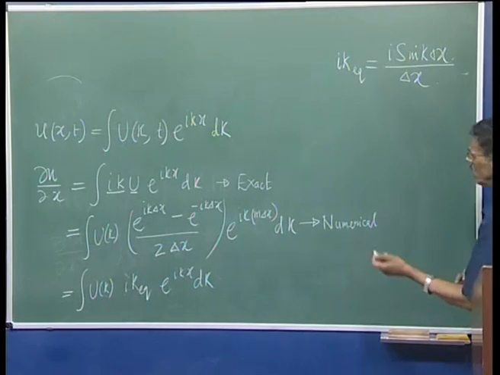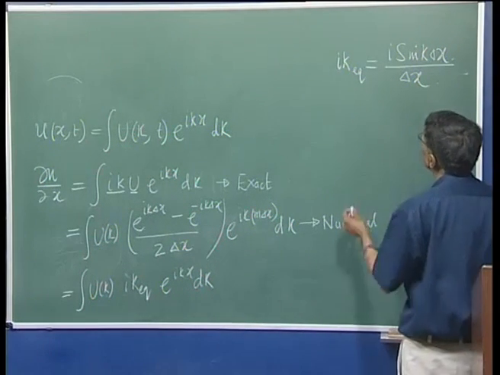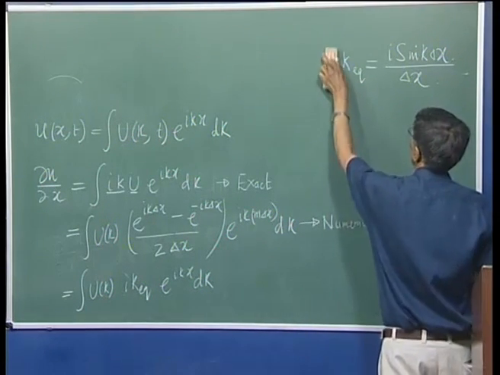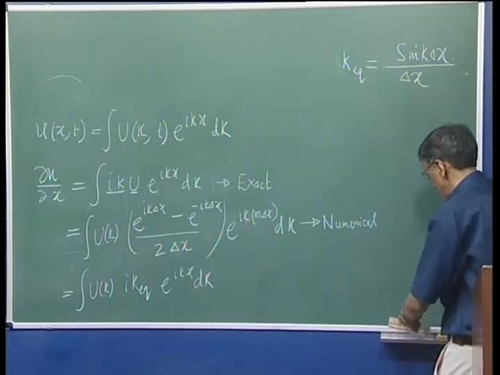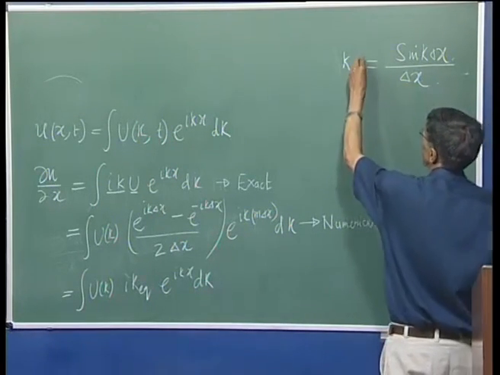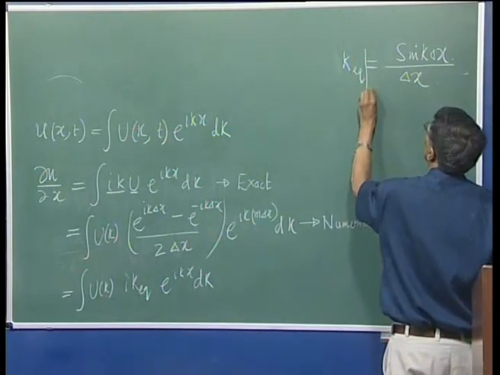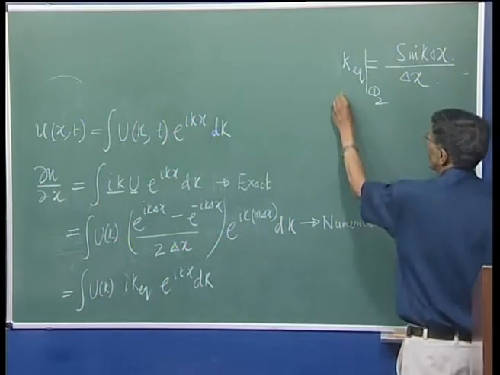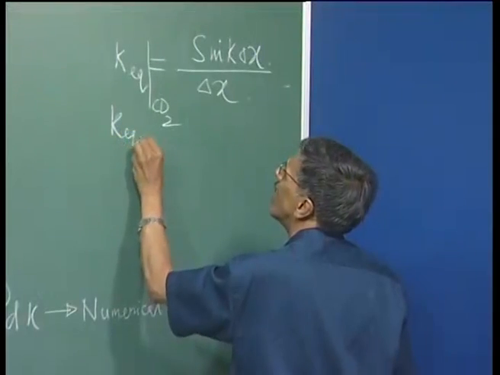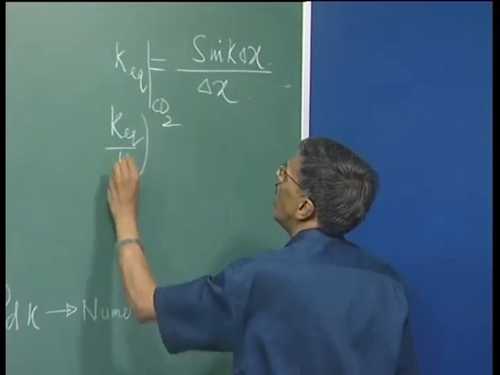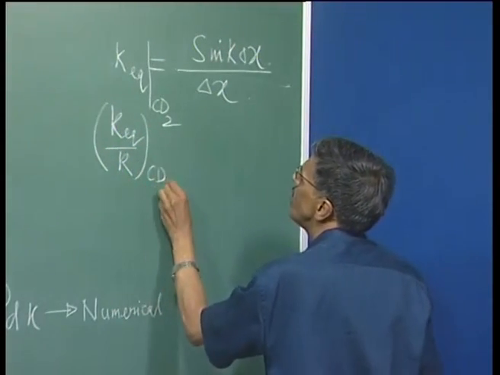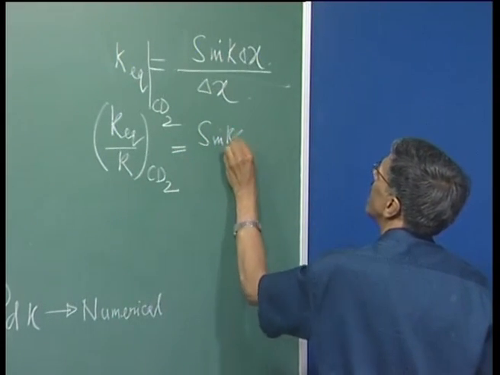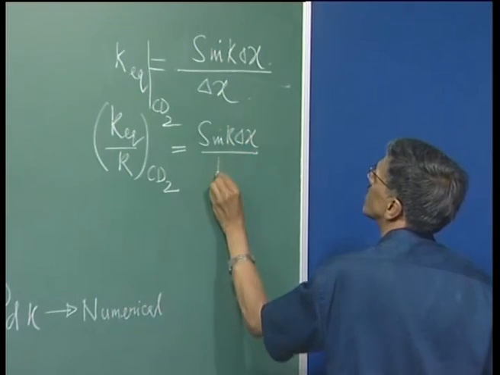Okay. So, you can get rid of this, and this is an expression that we have derived for the CD2 scheme, right. So, what we write here as k equivalent by k for the CD2 scheme is going to be sin k delta x by k delta x.